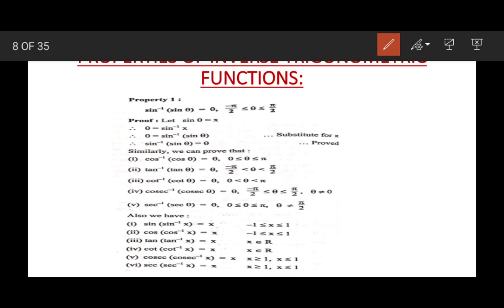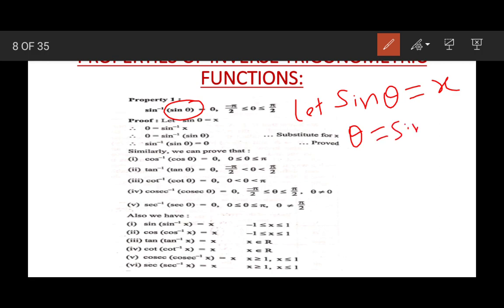Once again, let sin theta be equal to x. If sin theta is equal to x, then by the definition of inverse trigonometric function, theta is equal to sin inverse x.